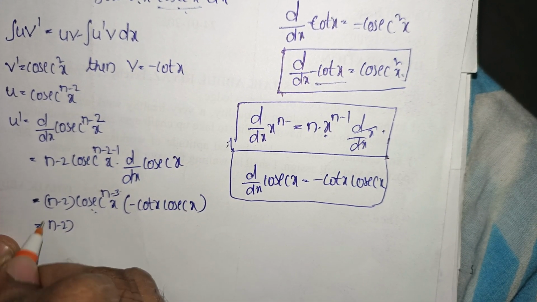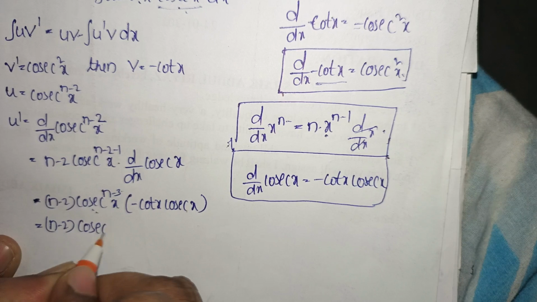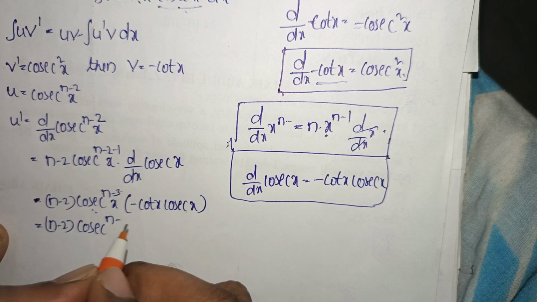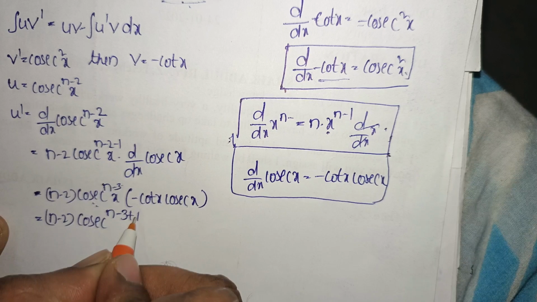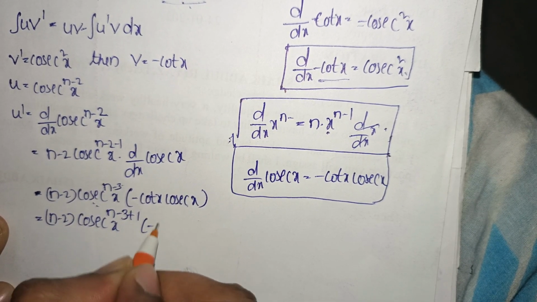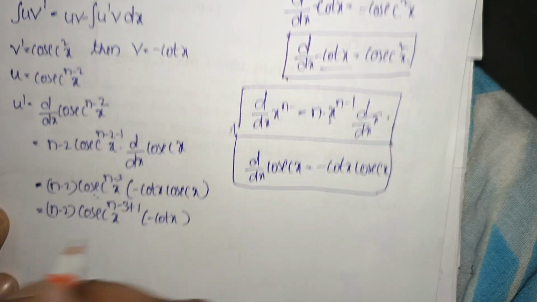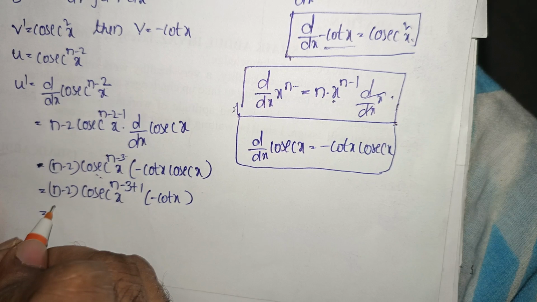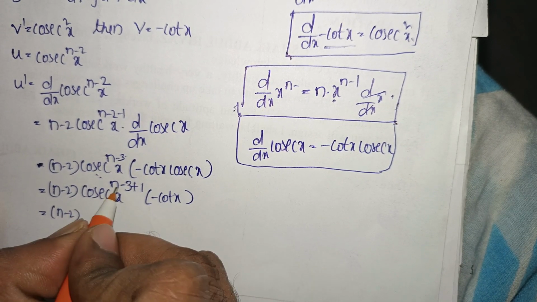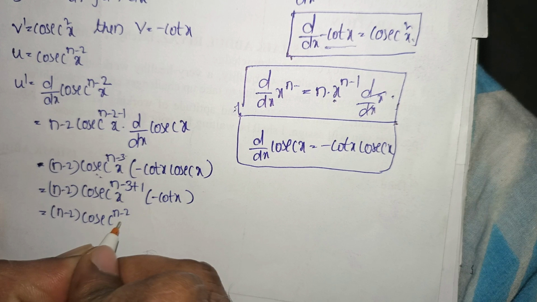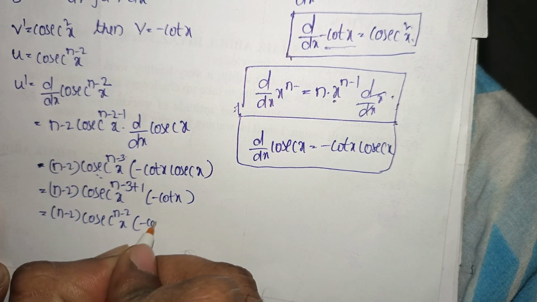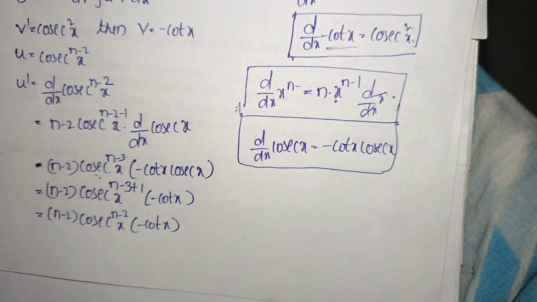N minus 2 cosecant n minus 3 plus 1 x into minus cot x, which equals n minus 2 cosecant n minus 2 x minus cot x.